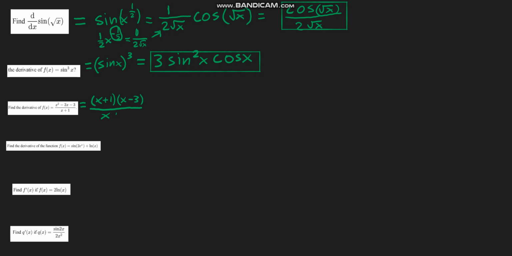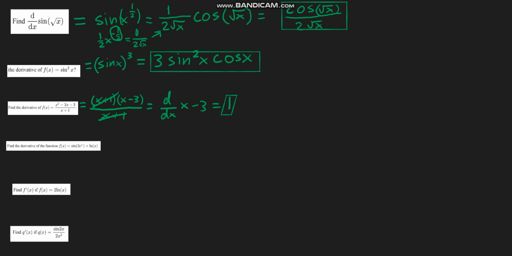So then on the bottom is x plus 1, and since these are multiplying by each other, you can actually just cross this out. And so you only have to find the derivative of x minus 3, which is just 1.